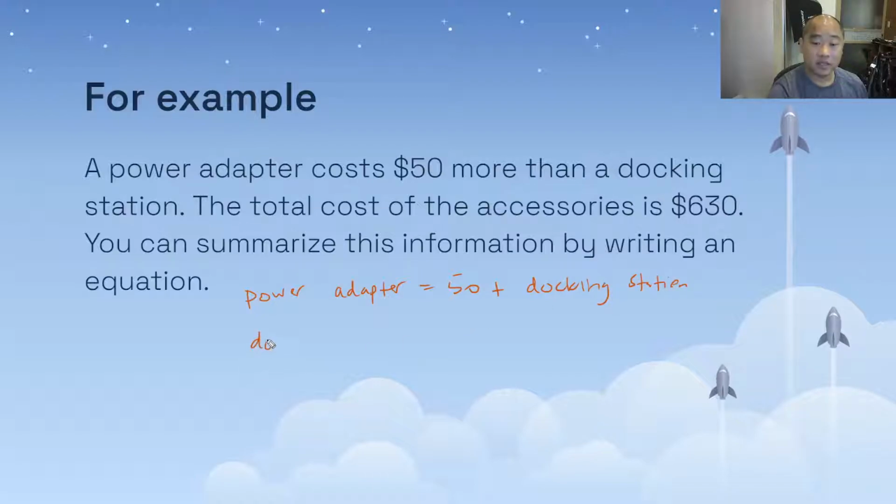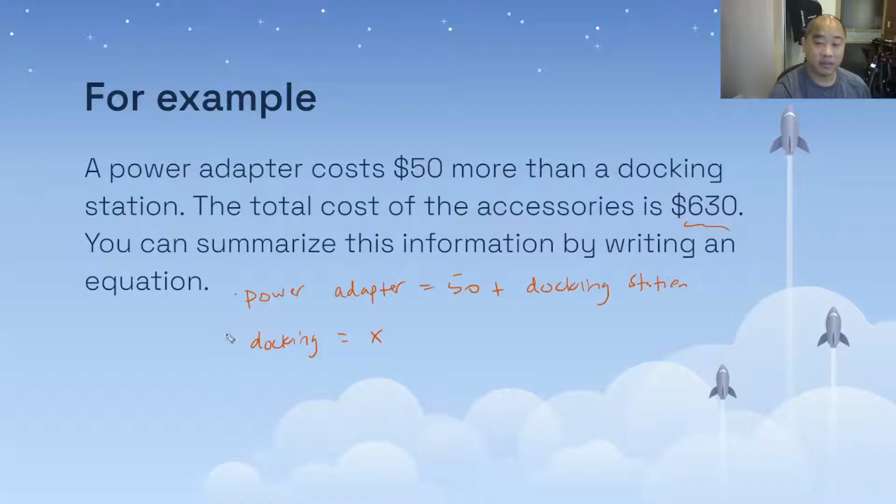In the docking station, we don't know how much that is. It's some amount, right? So we would just call that X. It could vary, we don't know. But we do know that when we add the total cost of the accessories, it's $630.